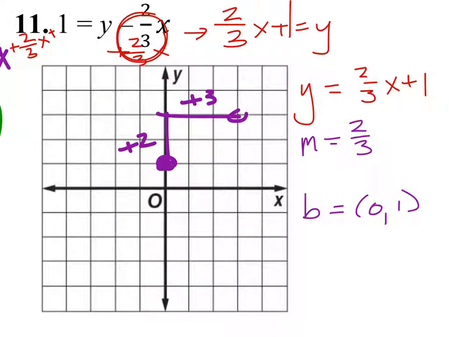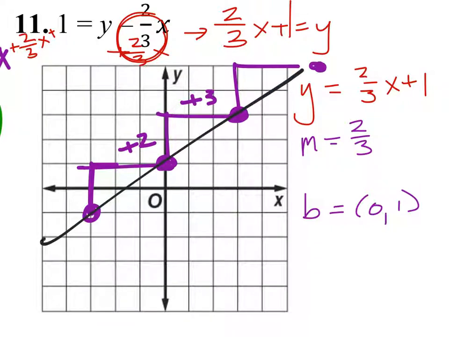Right, the little stair steps like these. And then the next point would be off the graph somewhere over here. But I can continue the pattern going to the left. And that would give me this point right here. And then, of course, all we need to do is connect points. That looks pretty good. Nailed it.